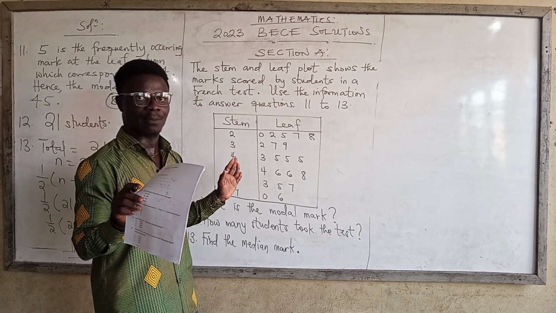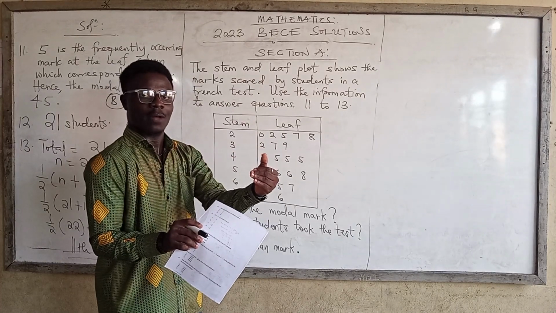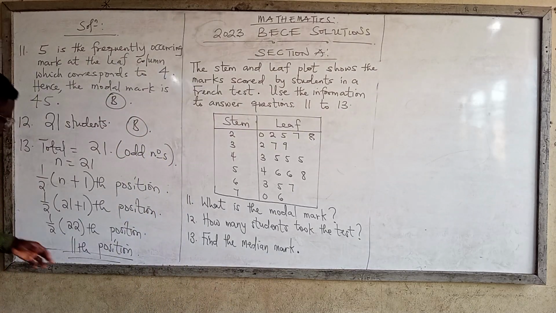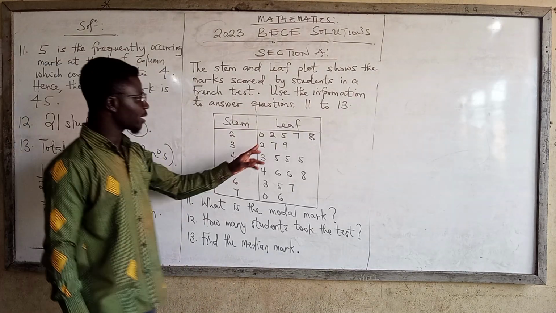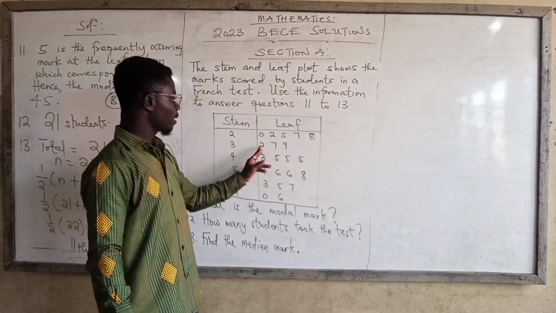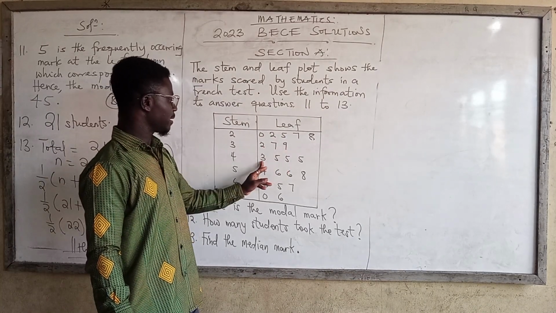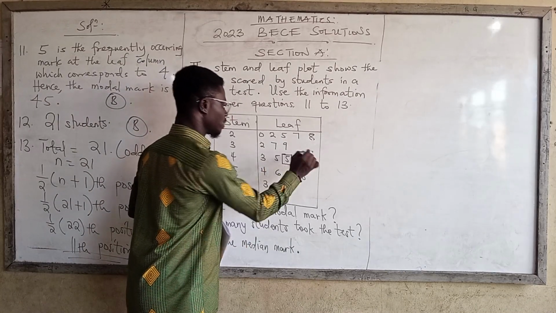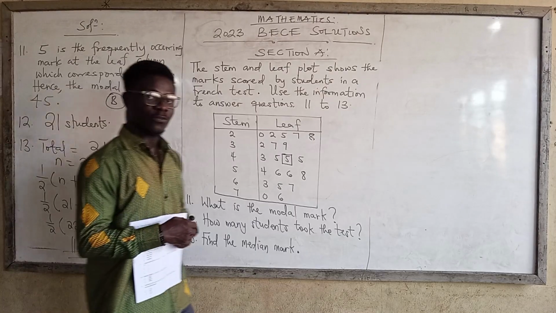So we don't have any problem continuing our solution. Now, we want our 11th position. So this is our first position, second, third, fourth, fifth, sixth, seventh, eighth, ninth, 10th, 11th. So our 11th position is this guy, 5.